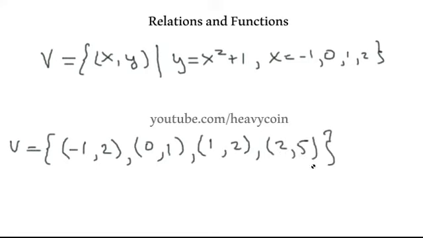So let's identify our domain. Our domain is negative 1, 0, 1, and 2. And our range, this is what's in our range, 2, 1, 2, and 5. Okay, so it looks like the largest number in our range is 5, and the smallest number in our range is, it looks like 1 here.